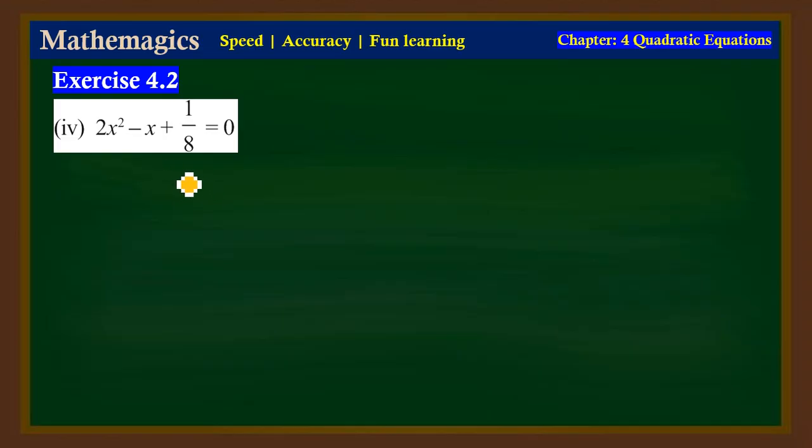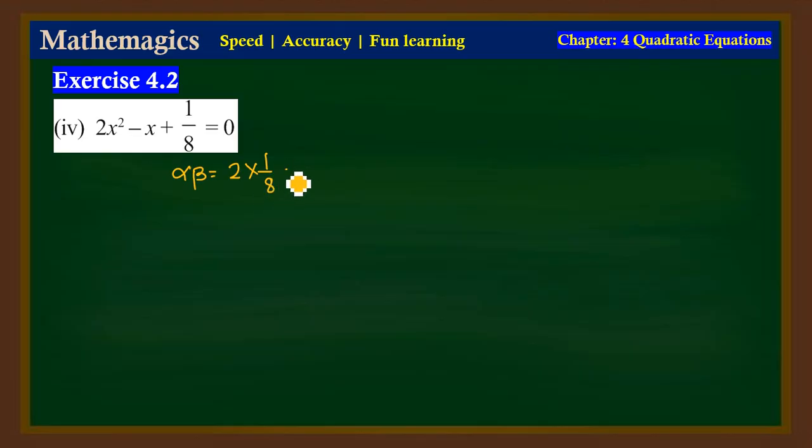So basically, dear friends, alpha into beta, or here a into b, basically we used to say it. That is, here the coefficient of x square is equal to 2, and here this constant is equal to 8. So here, dear friends, alpha and beta are not the roots, but here I am taking that alpha into beta is equal to this one.